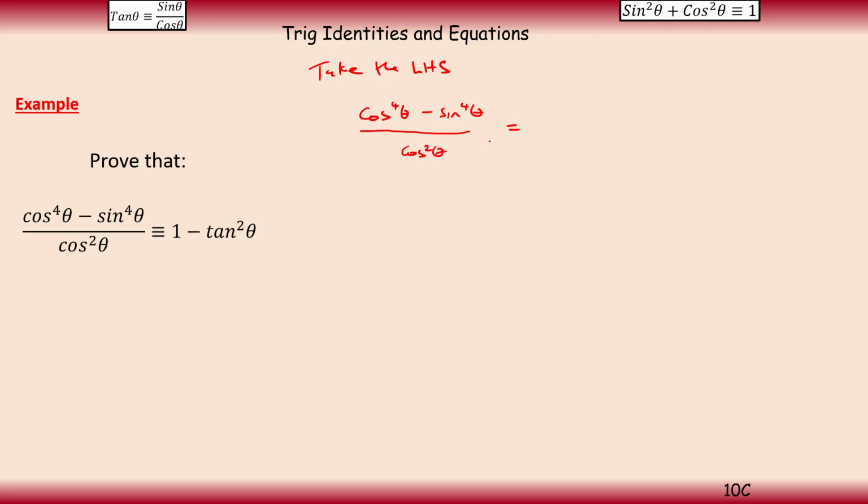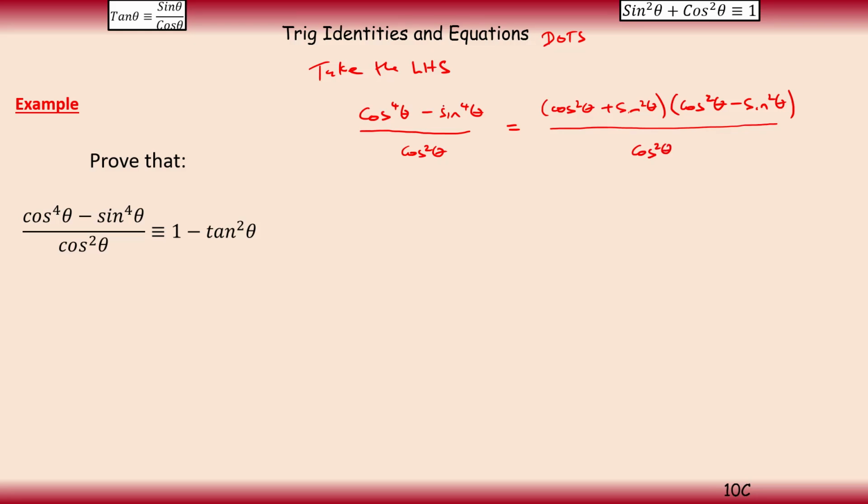That's equal to, if I look at the top here, it's not so easy to identify, but that is a difference of 2 squares. So I can factorize that as cos squared theta plus sine squared theta multiplied by cos squared theta minus sine squared theta, all divided by cos squared theta.